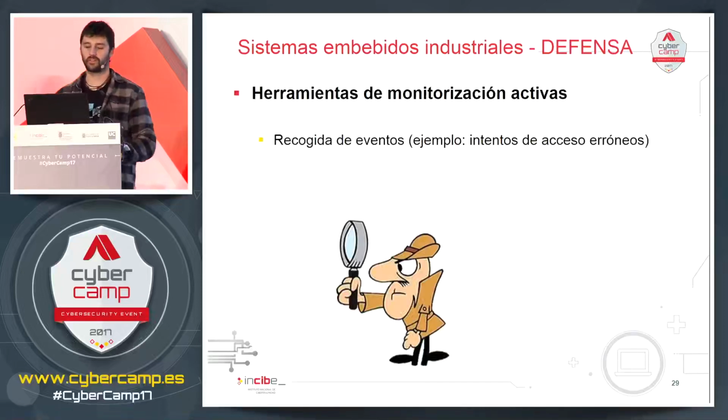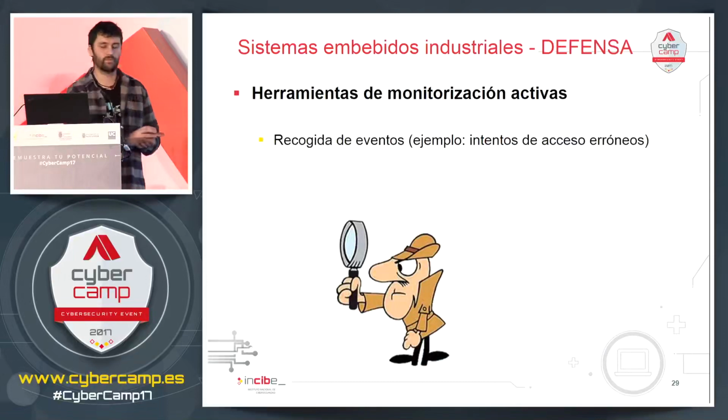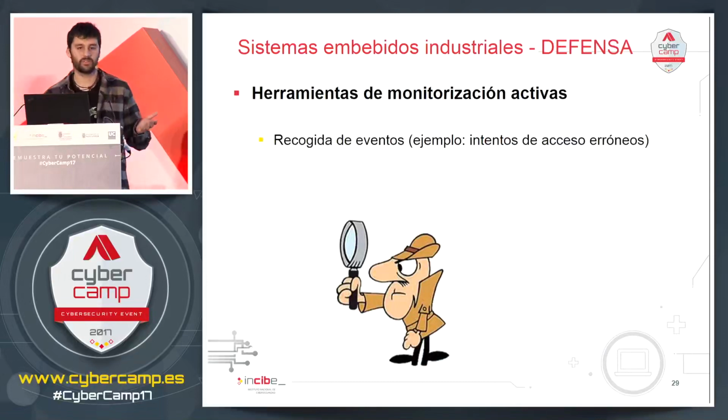So then the capture of events, for example, the attempts of wrongful accesses. What we do now is use port mirrors, SPAN ports or TAPs, it doesn't matter what you call them, but they redirect the traffic.